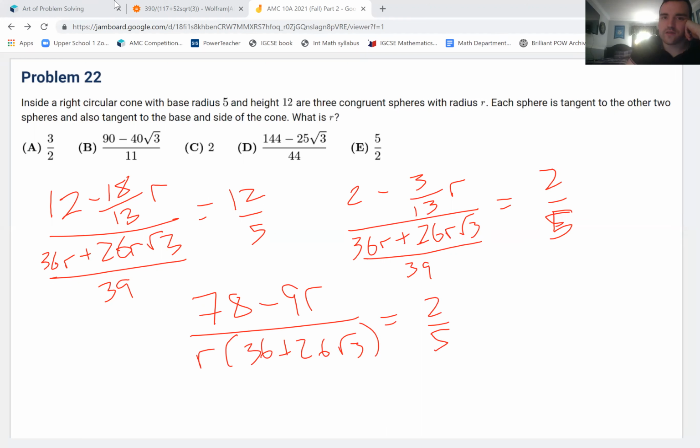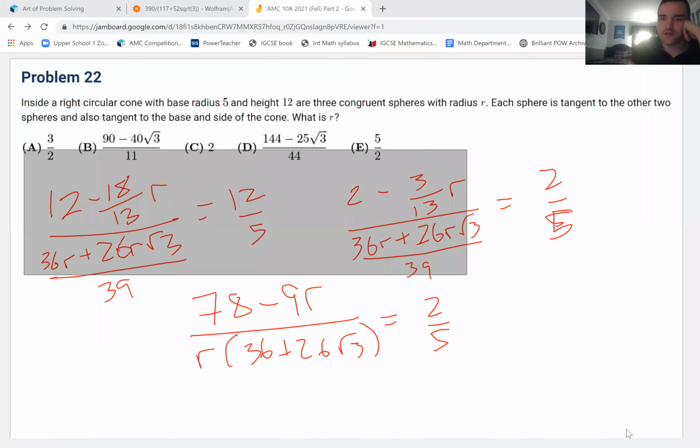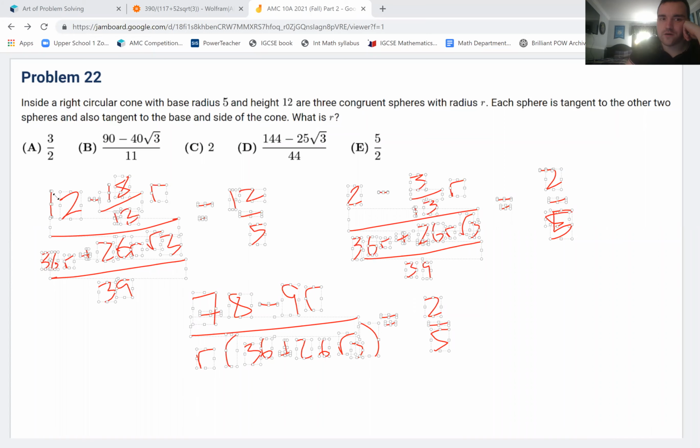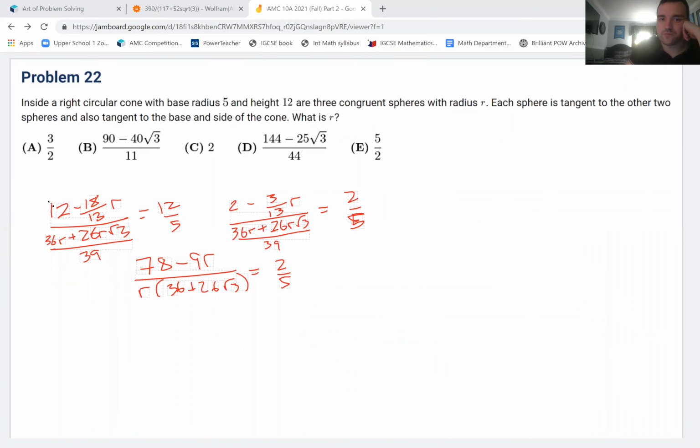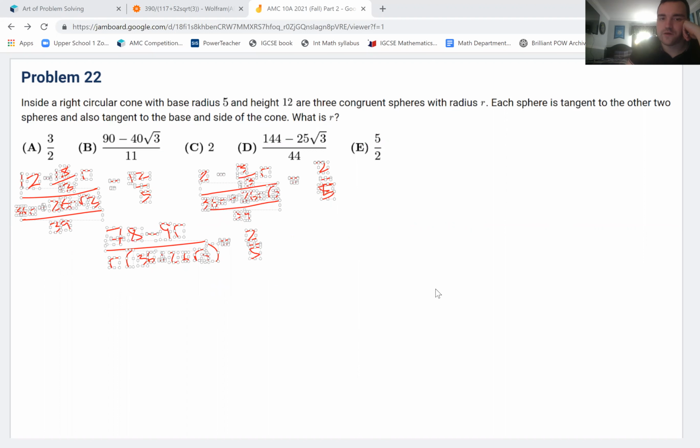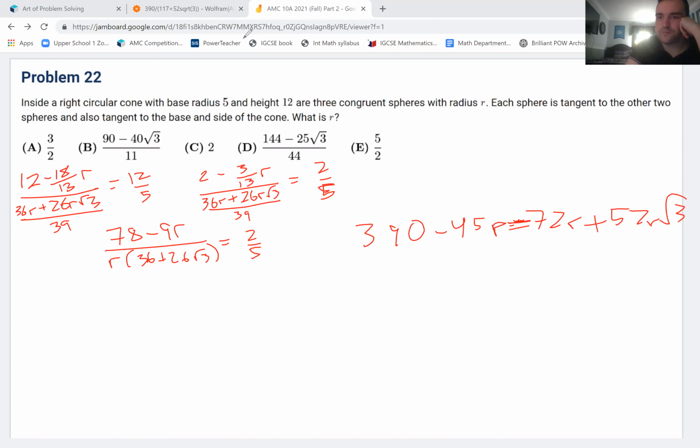And then I cross multiplied, which gave me 390 minus 45r equals 72r plus 52r root 3, which gave me r equals 390 over (117 plus 52 root 3).